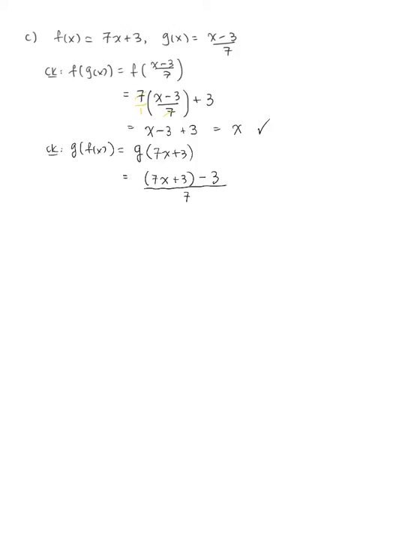Okay, so this is the same thing as 7x plus 3 minus 3 all over 7. This is going to cancel out. So this is going to give us 7x over 7. Kill the 7, kill the 7. Fabulous. It's going to equal x. So therefore, f and g are inverses of each other.